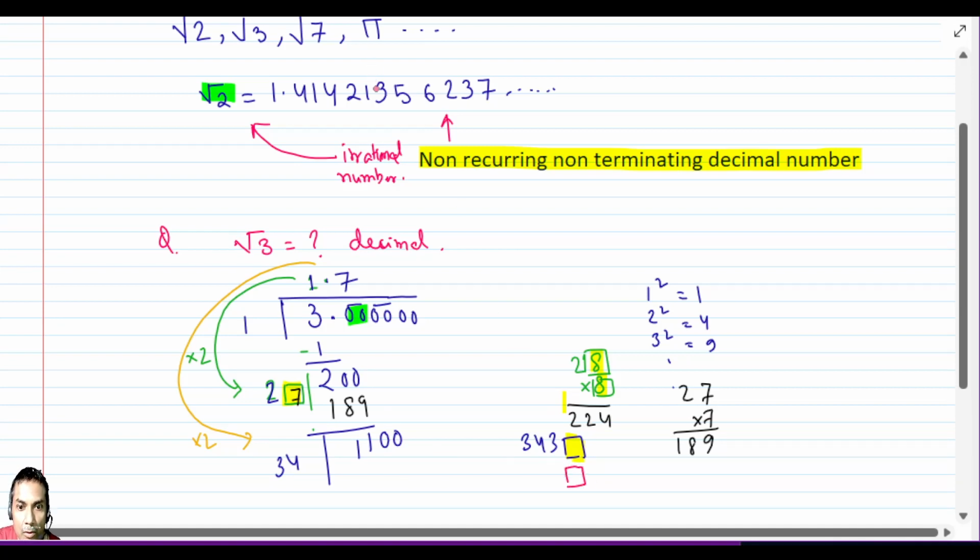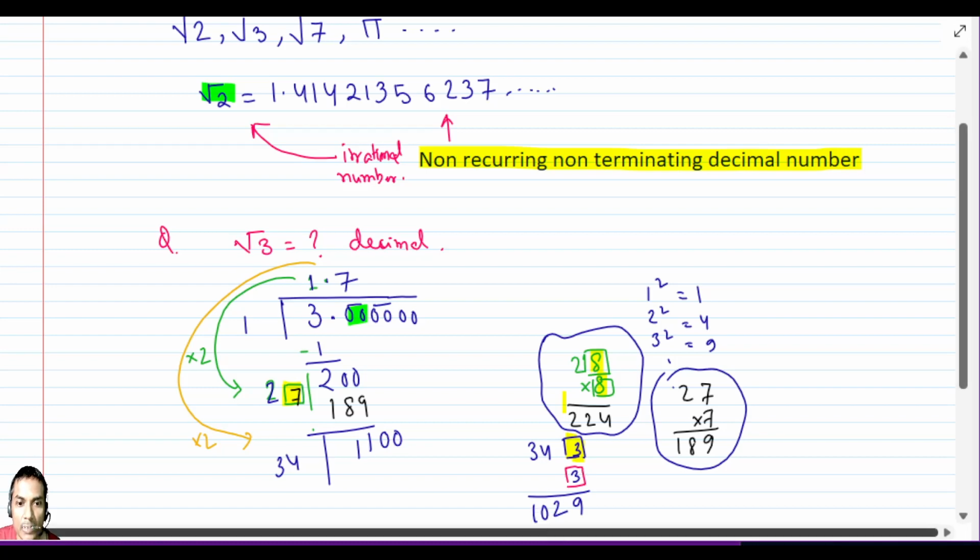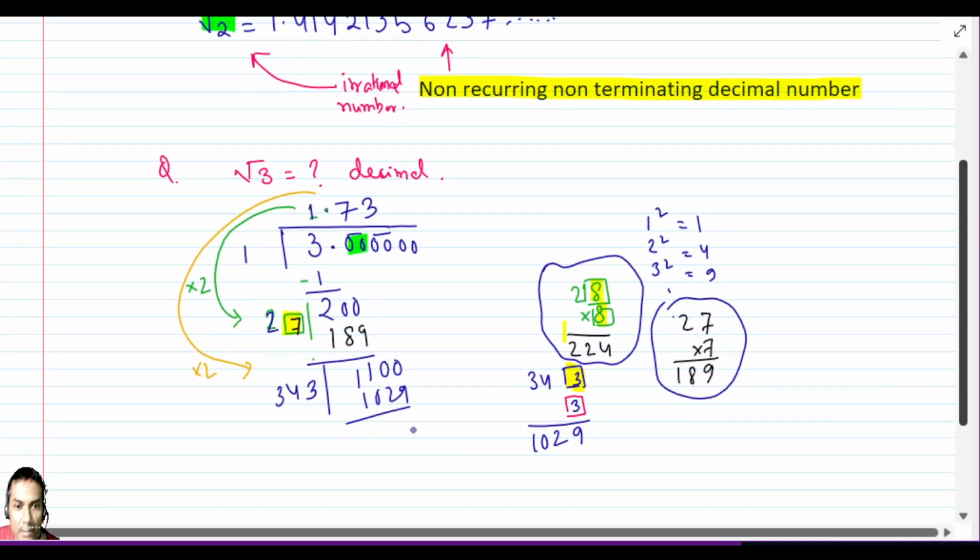So that is 34 and you consider 3 here, what value do you get? 1029. So put 1029 here, it will be 3, and you transfer 3 here, correct? Then what is the remainder? The remainder is 71.